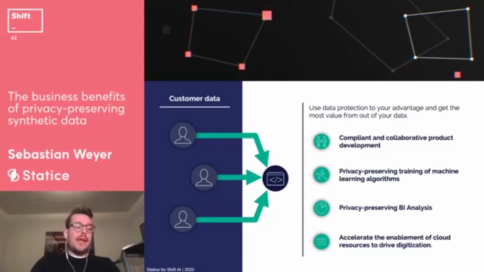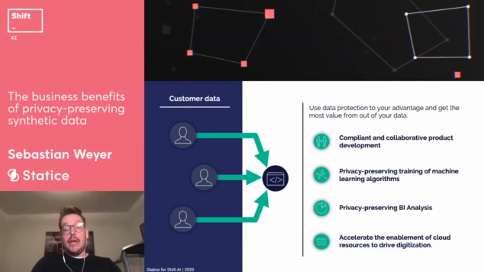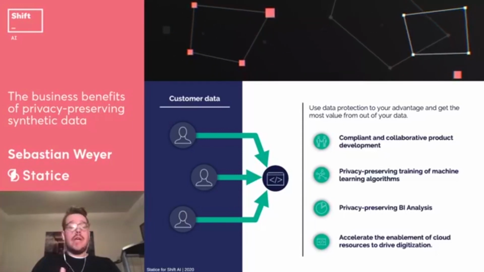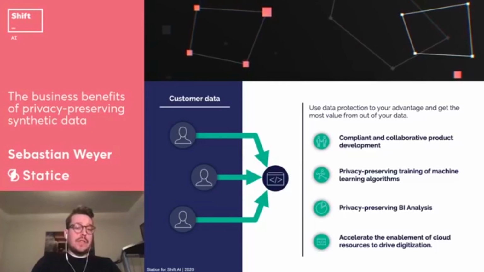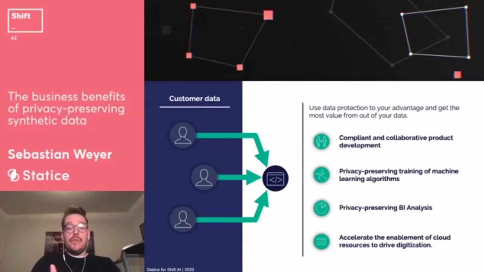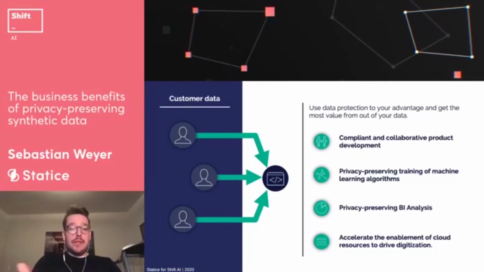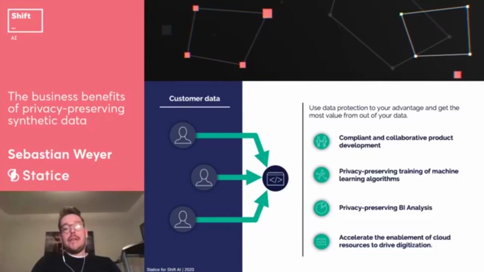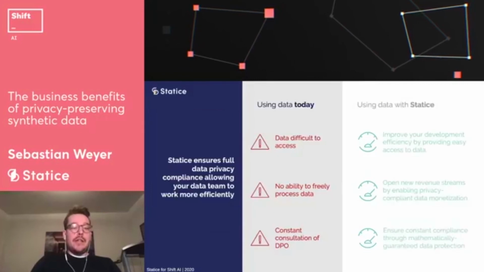Where beforehand data was generally not applicable and not available, and where people within corporate entities or even between partners had to go through quite complex compliance and governance processes, they're now able to use data that mimics the original data in an almost perfect way without having to go through these processes, without having to wait for access, and use it for quite a variety of different applications such as statistical evaluations, BI analyses, but also the training of machine learning algorithms where prior there was no data to do so.